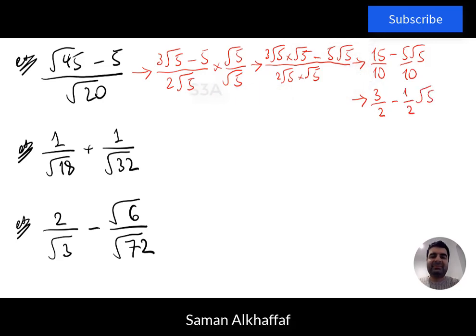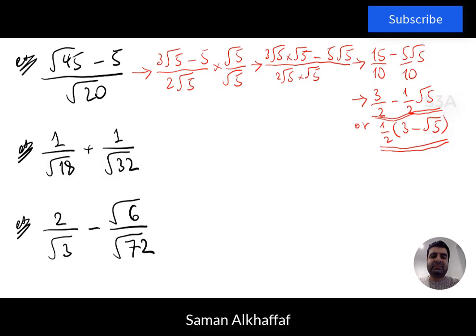We can also represent it by taking the common factor as the half, so we can write it as half multiplied by 3 minus root 5. So either this answer or this answer, they're both correct.